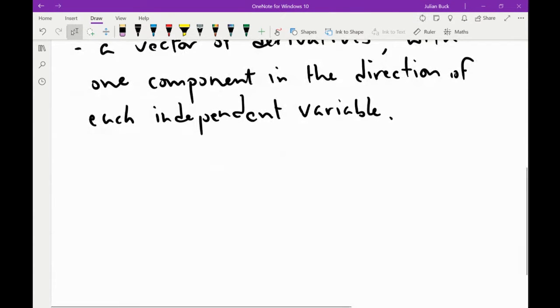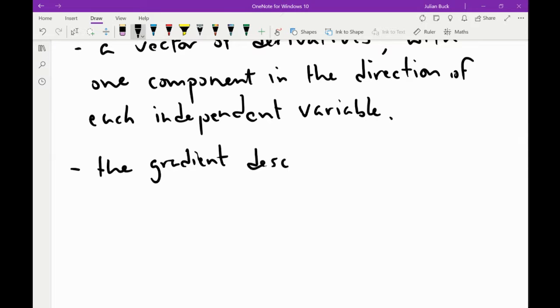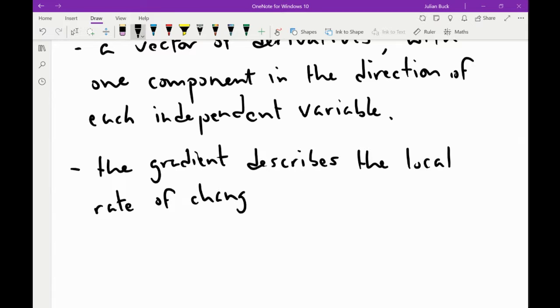And the idea is you have one derivative in the direction of each of those. So the way to think about the gradient, especially in the context of what we're doing, is that the gradient describes the local rate of change for each feature. So what do I mean by that?